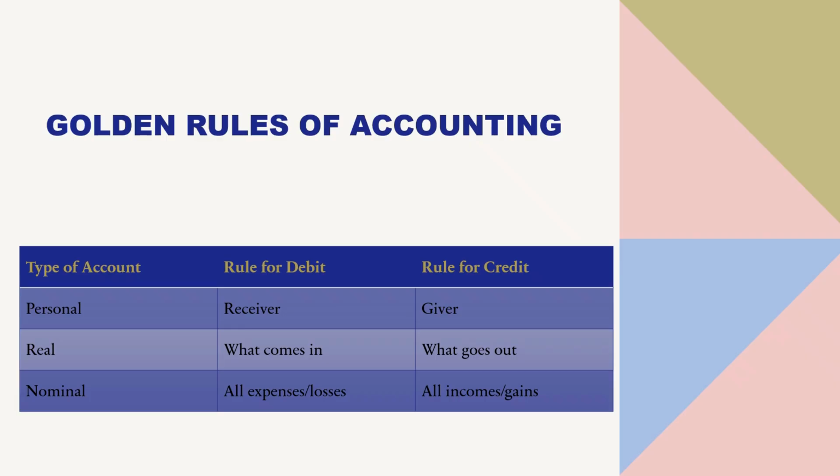And what are they? First, we will simplify the types of account: personal, real, and nominal. According to the type of account, the treatment of the transaction is done. For the personal account, we need to debit the receiver, whoever is getting the amount or the object, and credit the giver, whoever is giving that particular amount or the object.